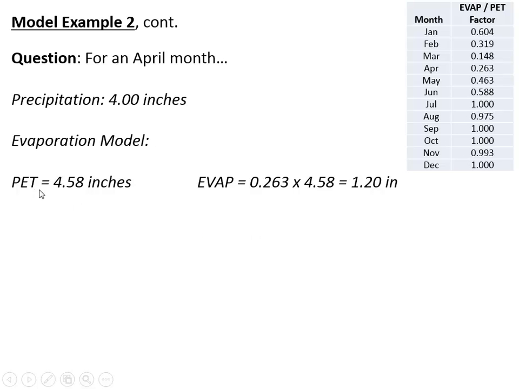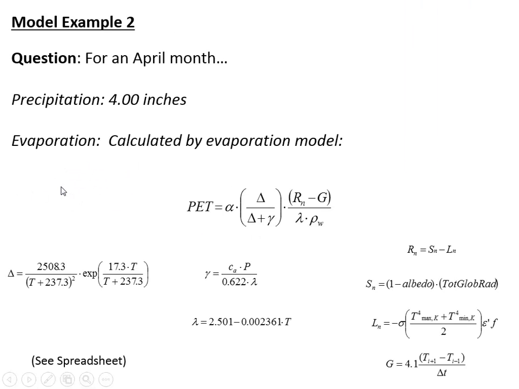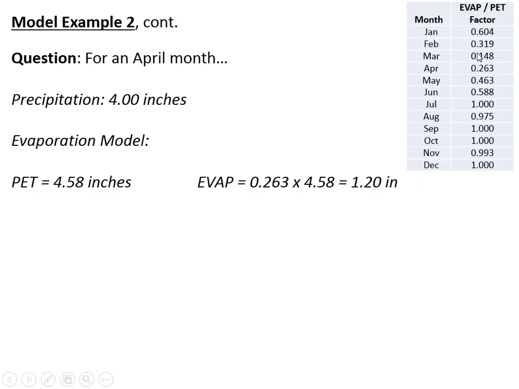Then you multiply the potential that can be calculated by this series of formulas by the factor. For April, for example, if we took a typical April, the potential evaporation would be 4.58 inches, but then we have to multiply it by 0.263, because in April, only 26.3% of the potential evaporation actually evaporates on a historical average basis.